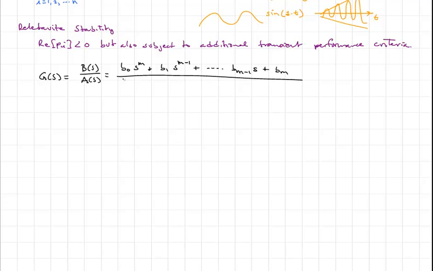And then this will be over a0 s to the n plus a1 s to the n minus 1 plus dot dot dot plus a n minus 1 times s plus a n. And so we're looking for whether the polynomial A of s has any positive real parts. So consider A of s in general.